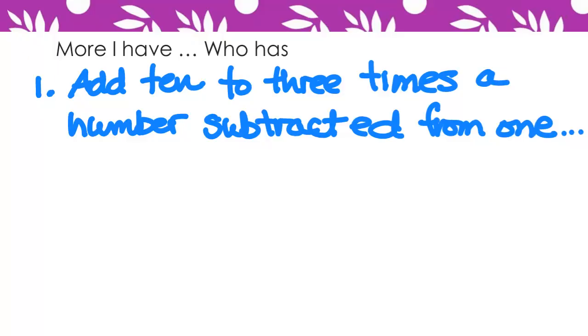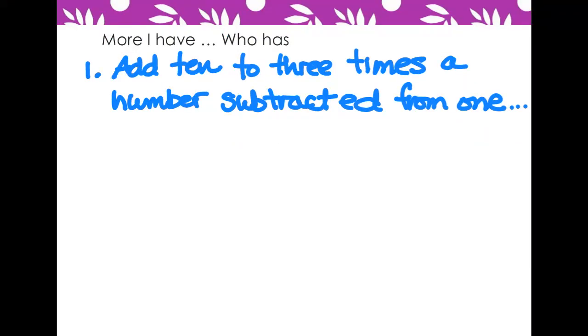Got too many things to hold on to. So add 10 to 3 times a number subtracted from 1. What did you get for an answer? Don't worry about being right. I mean, I'm looking for the right answer, but these are more difficult.